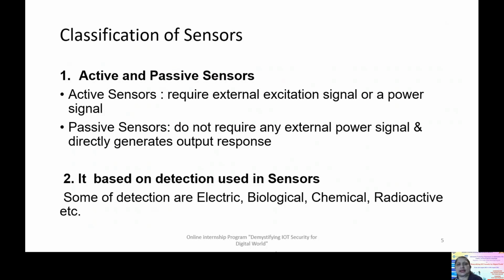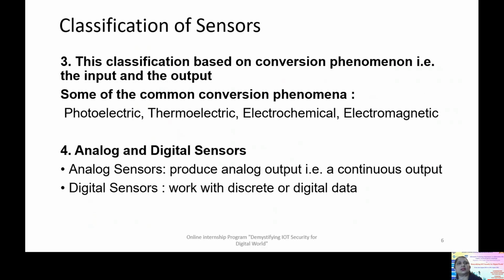Some of the detections are electric, biological, chemical, radioactive, etc. Then the third classification is based upon the conversion phenomena, that is, depending upon the input and the output. Some of the common conversion phenomena are photoelectric, thermoelectric, electrochemical or electromagnetic. Then the last classification of sensor depends upon what type of output is generated, whether analog or digital.